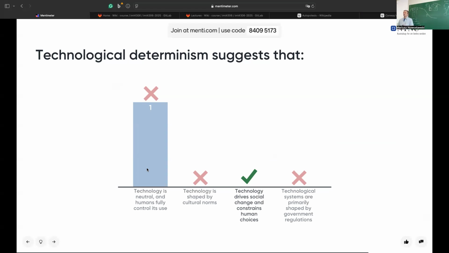For example, with the rise of mobile devices, we limited our physical contact. We socialize and we have, let's say, micro relationships mediated through devices, right? If it was not technology, we would not have it. And because we have the technology, we sort of give in. We don't have to, but it kind of happens, right?